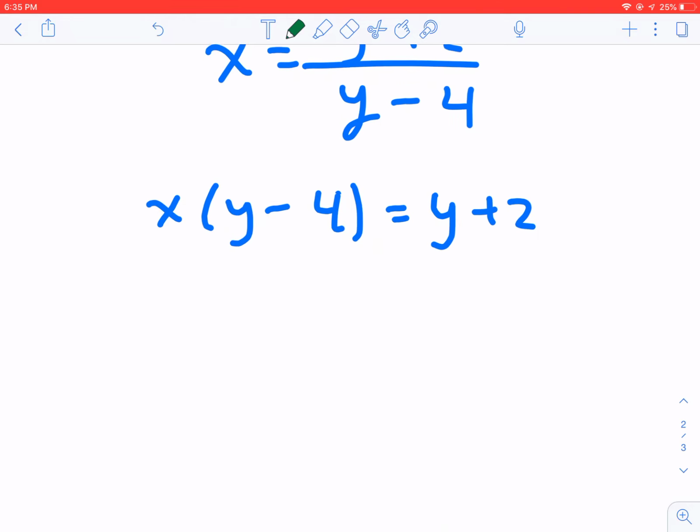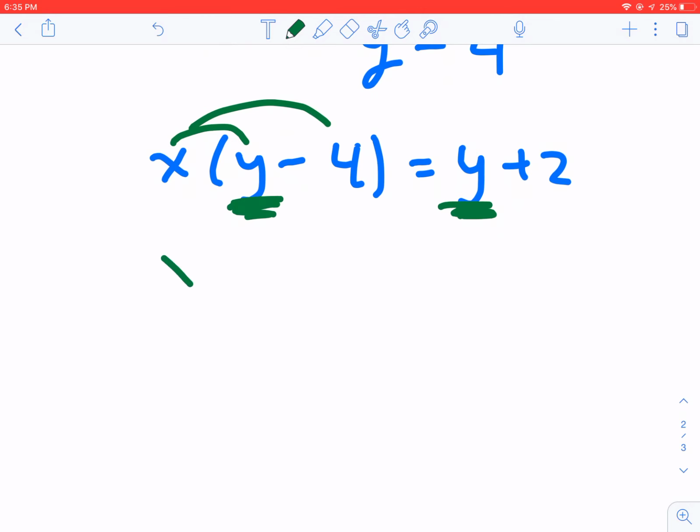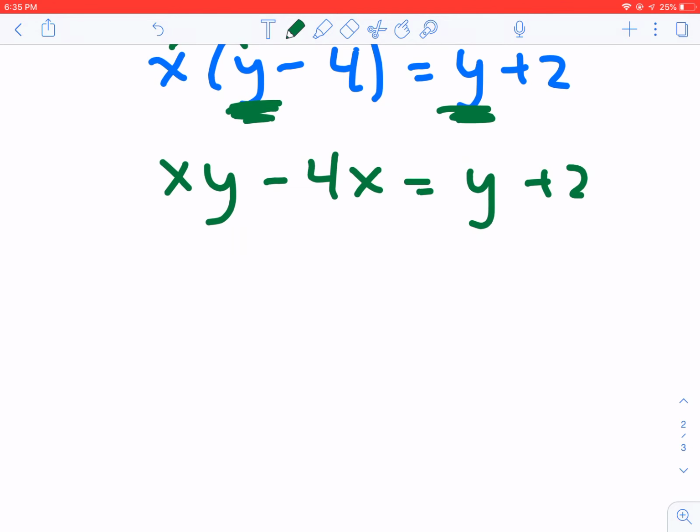Alright, so hopefully you gave it a shot. But we got y in two places here, right? So let's try to get both of these y's on the same side of the equation. So if I distribute that x, I get x times y minus 4x equals y plus 2. Right, I'm going to group these y's on the same side, so I'm going to minus y on both sides. Xy minus y equals, I'm going to add 4x to both sides at the same time, 4x plus 2.